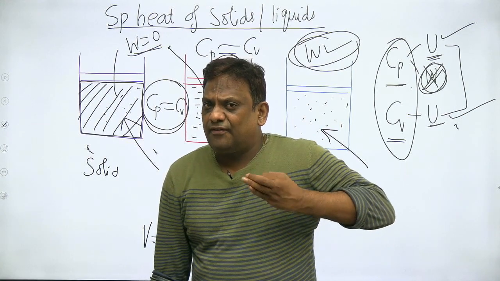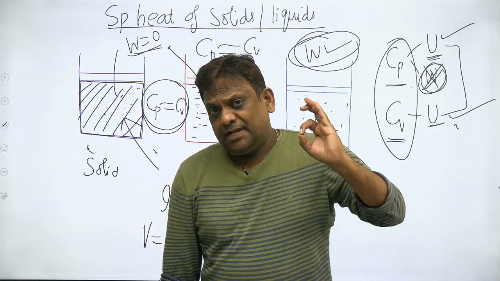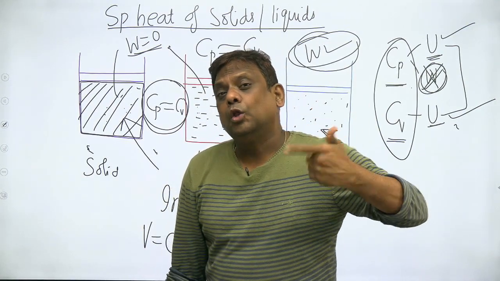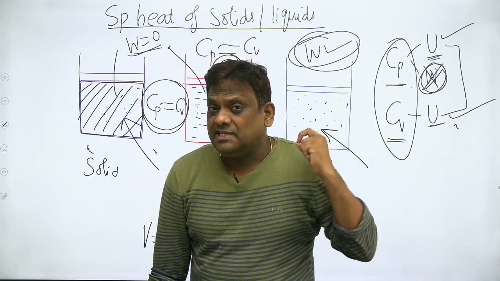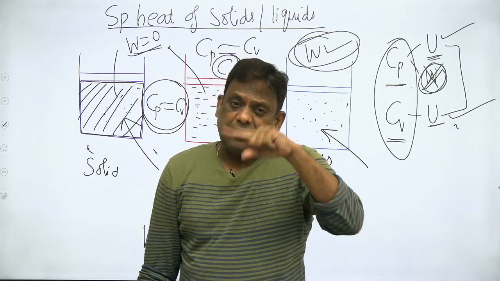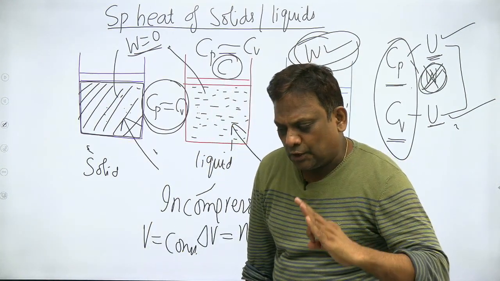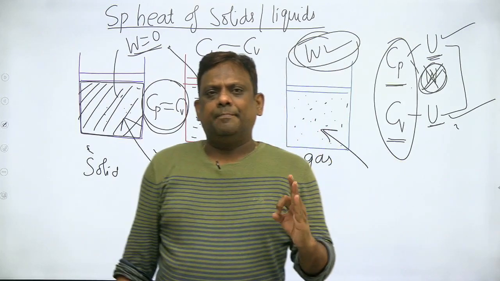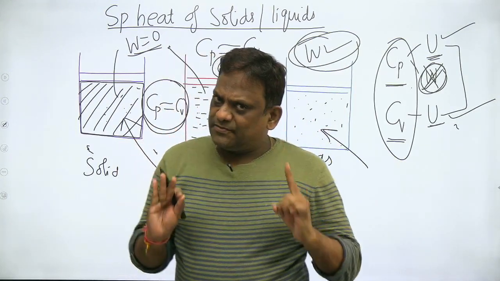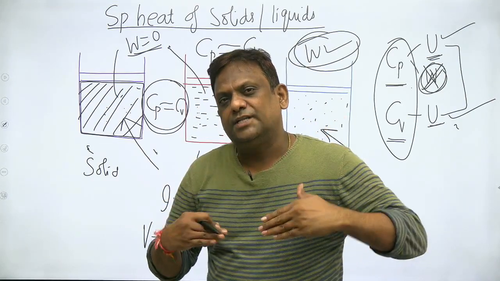What is the effect of temperature on specific heats and gamma? All those I'll be discussing, because in IC engines we have to discuss the effect of variation of specific heat on the performance. So I'll be discussing all those things beautifully. Do not worry at all. So now just do one thing: in case of liquids and solids, there is one specific heat, and in case of gases, we have CP different, CV different. Chalo, let's proceed further.